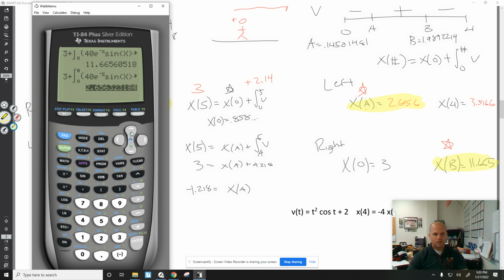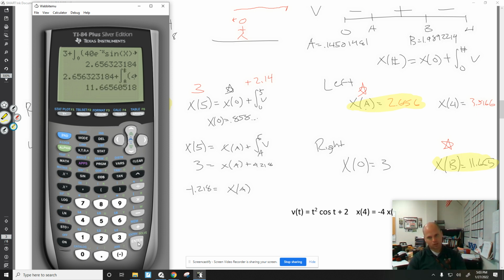So now this position is my position at A, and then I'm going to add this integral, but from A to B, right? This is me adding that area from A to B so that I'll get this 11.665.